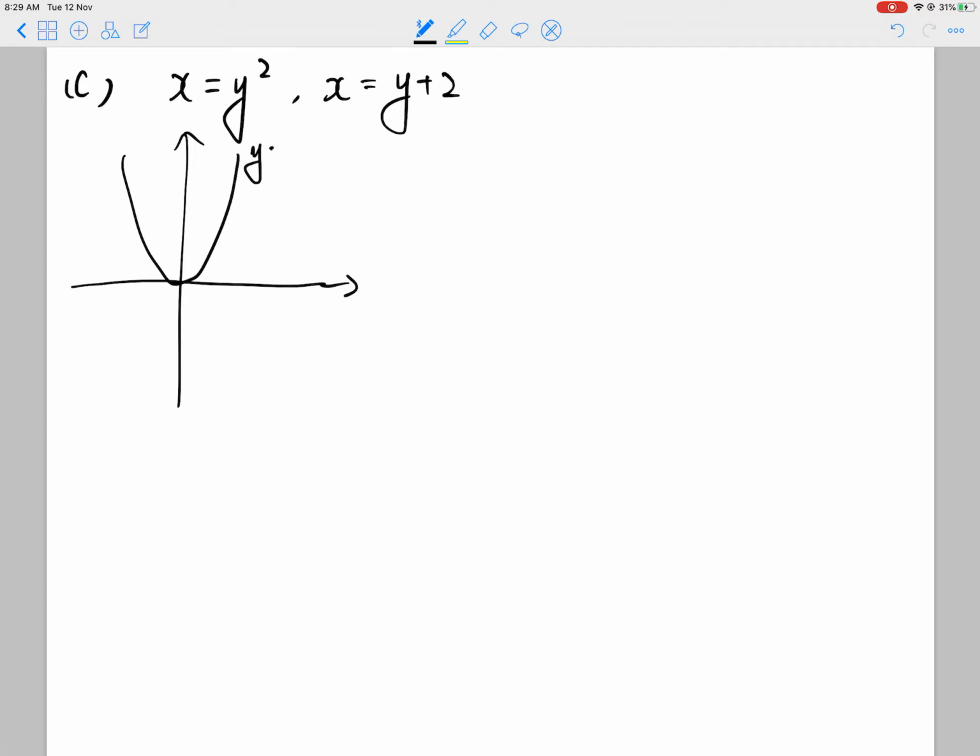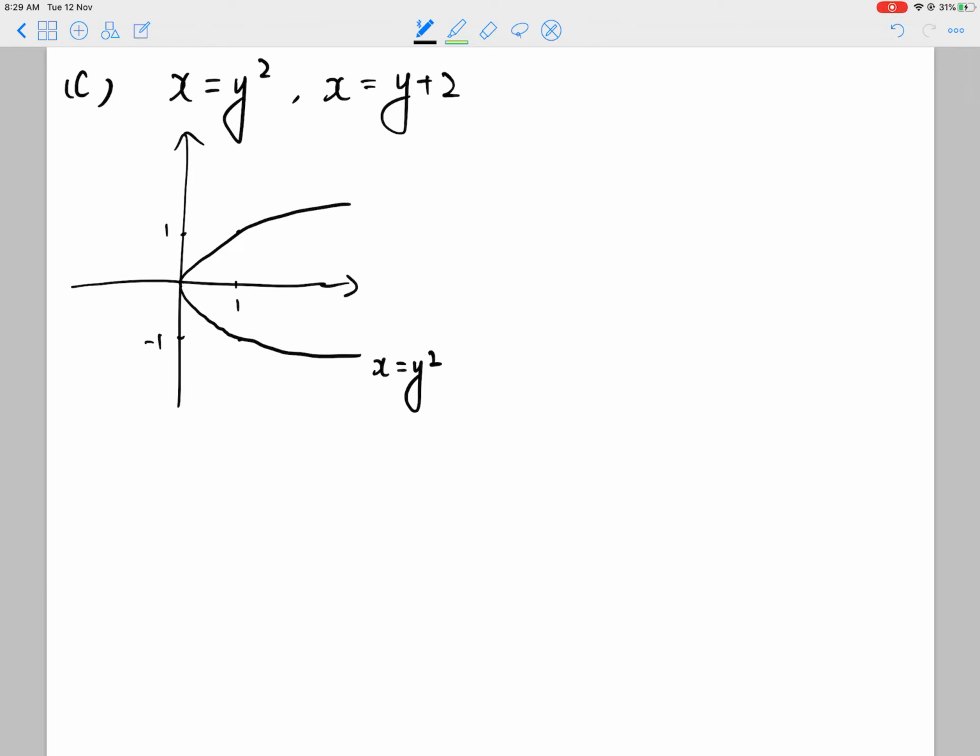Then what is x equals y squared? For example, when x is 1, y is positive or negative 1. When x is 0, y is 0, so using your imagination, this is your x equals y squared.